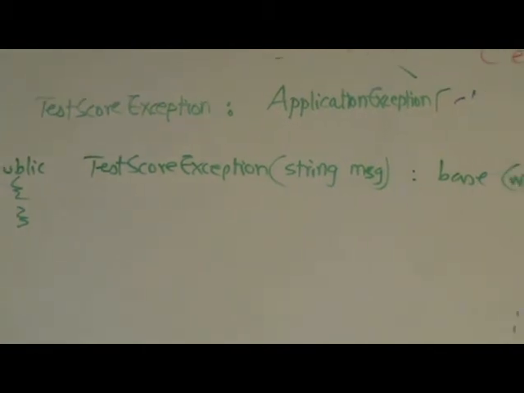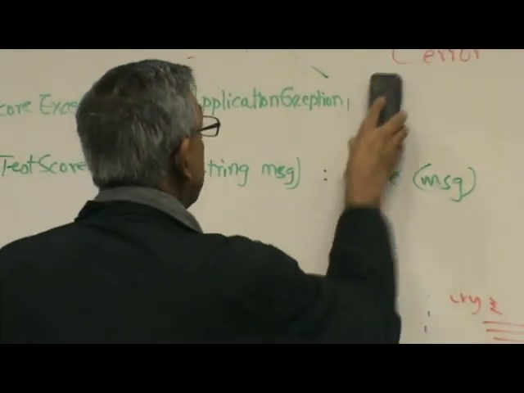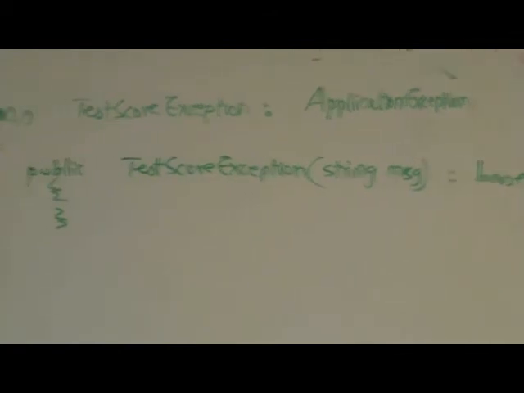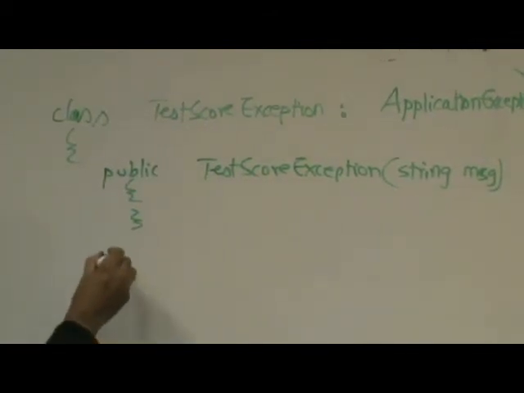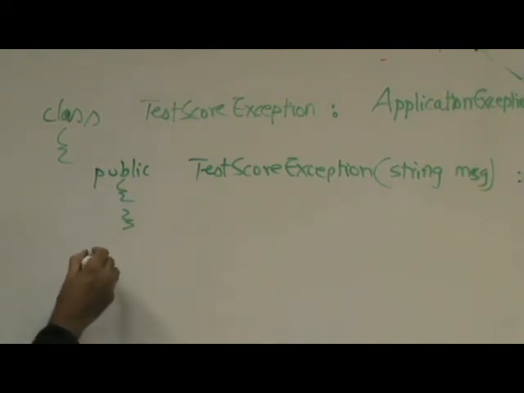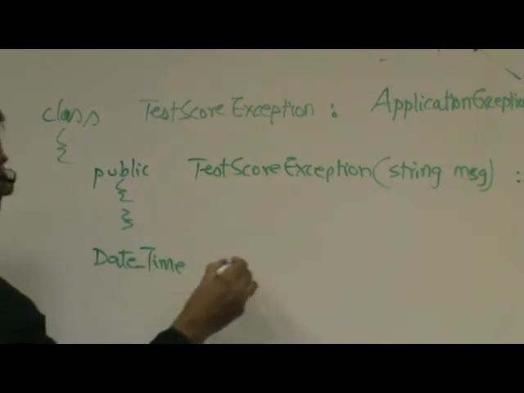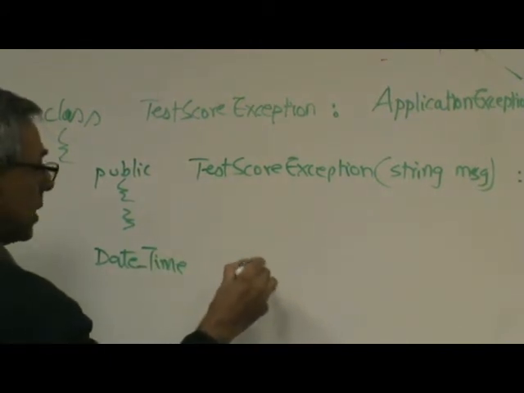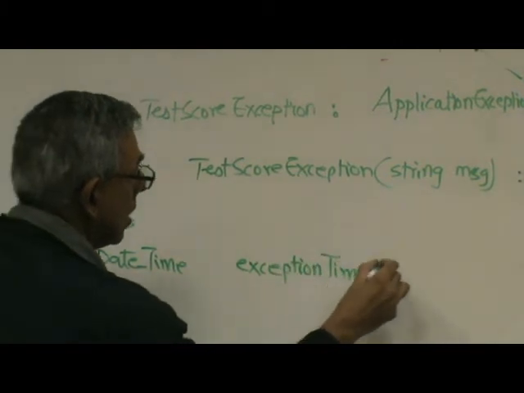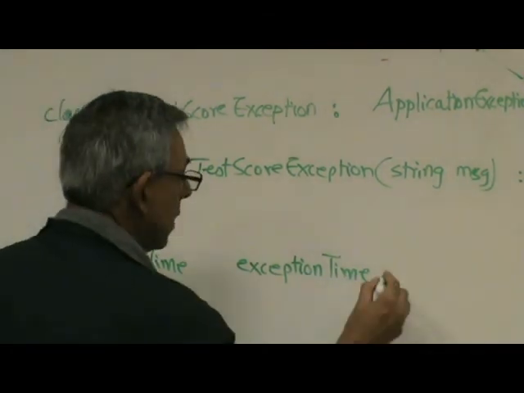Okay. Now you can add more details to this. For example, what was the time of the exception? So you can create a field over here, DateTime. Let's call it exception time.